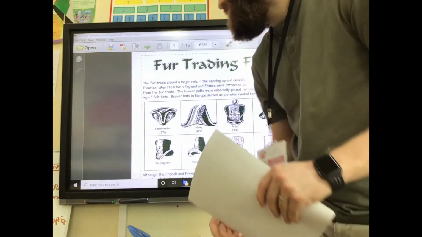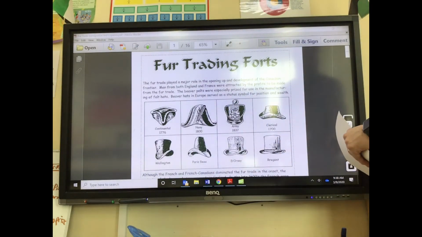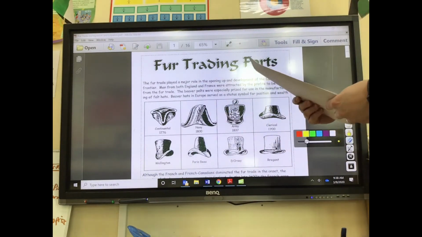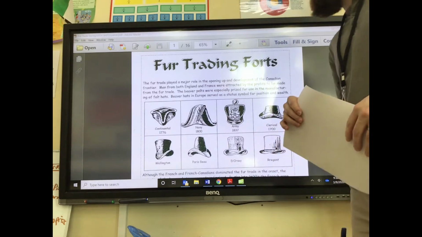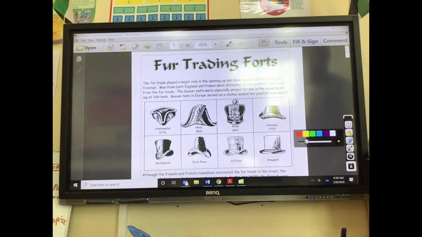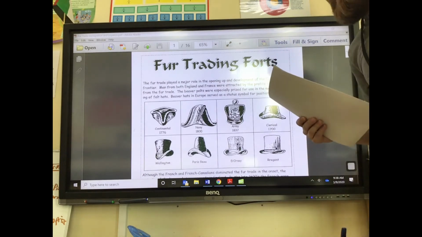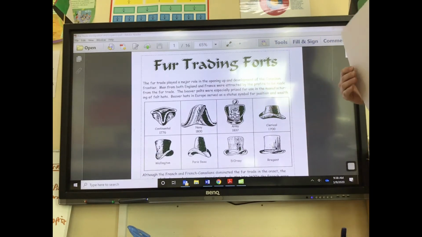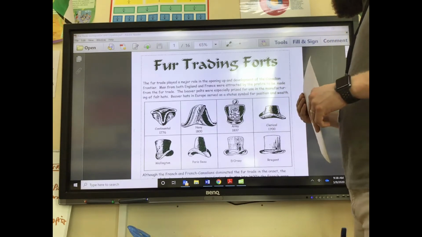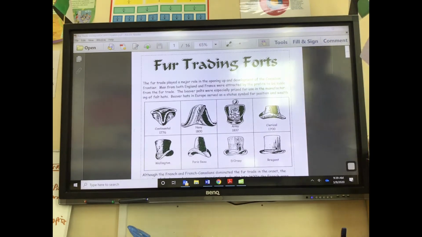So let's get going. All right, so the fur trade played a major role in the opening up and developing of the Canadian frontier. Men and women from both England and France were attracted by the profits to be made from the fur trade.